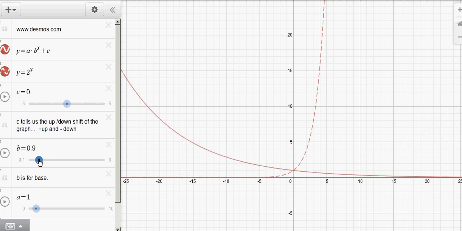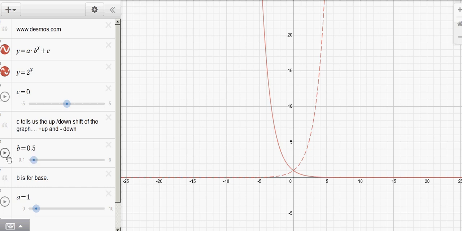And if we go less than 1, it swaps to the other side of the graph. It's like it's flipped around on the y-axis. And here we see it is decreasing. If I have a really, really small value of b, you can see it decreases really rapidly. A slightly bigger value of b decreases less rapidly.